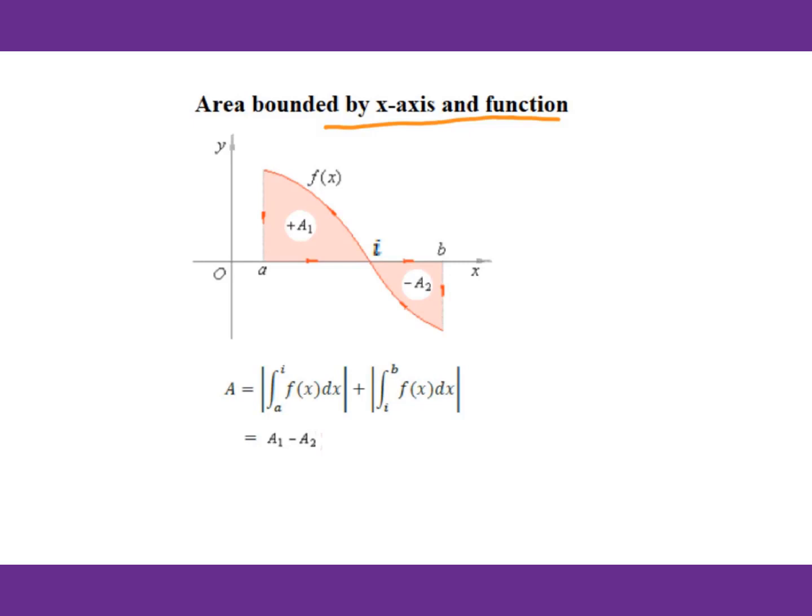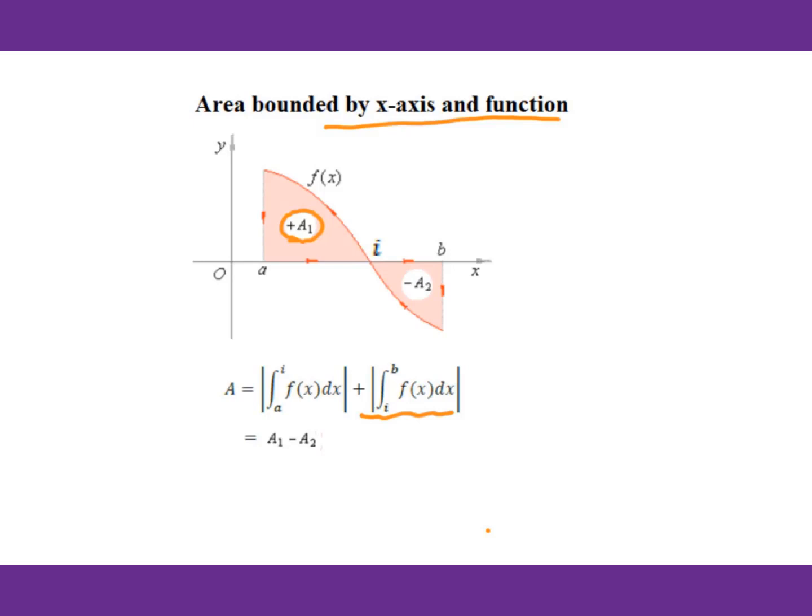If the function is above the x-axis, then you will get itself, that's A1. But for the part below the x-axis, you have to take the opposite, a negative A2.